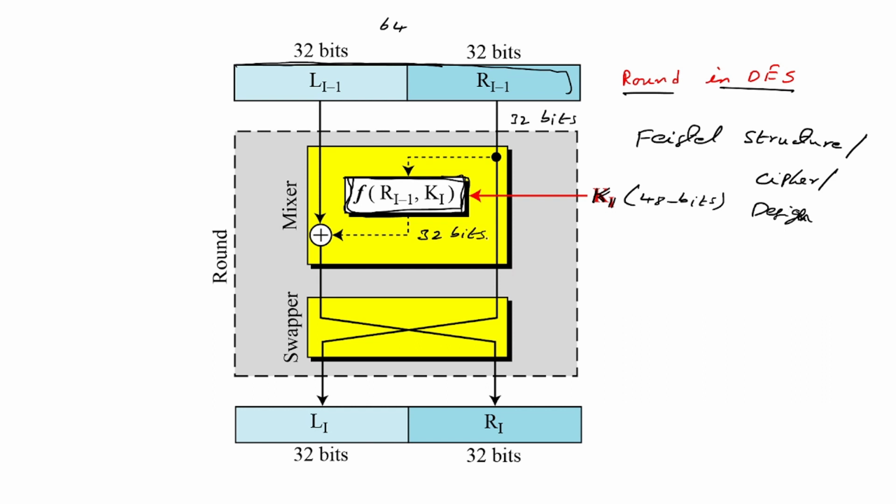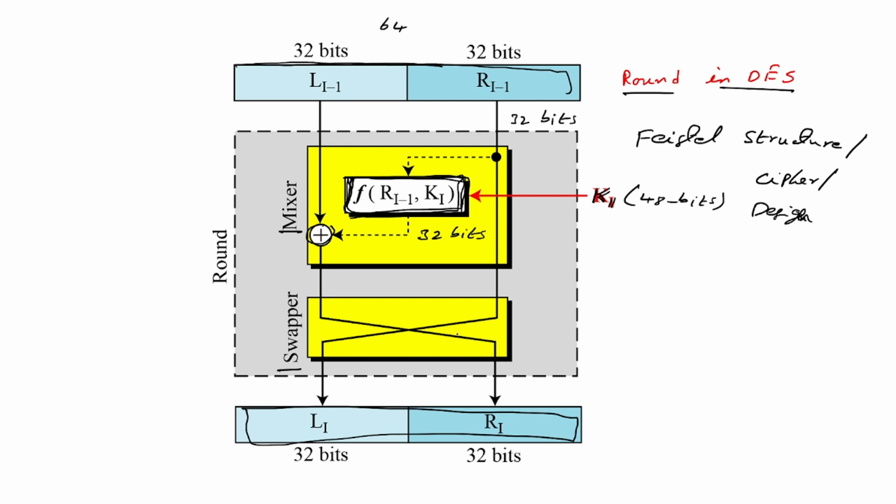The output of the function is 32 bits. Each round has two components, mixer and swapper. The mixer contains the function. The output of the function and the left half are XORed, and the output of the XOR operation will become the right half, and the previous right half will become the left half, and this is the input to the next round.